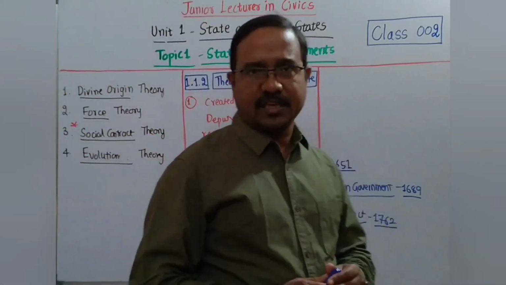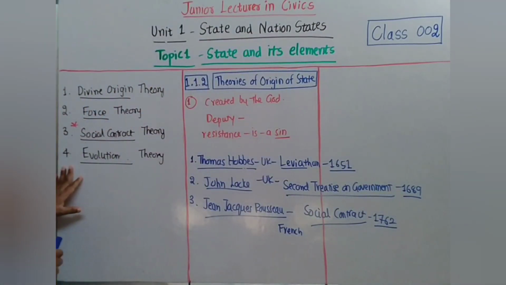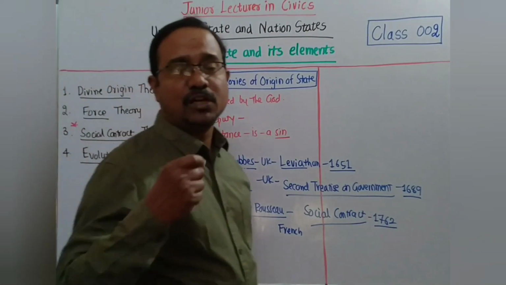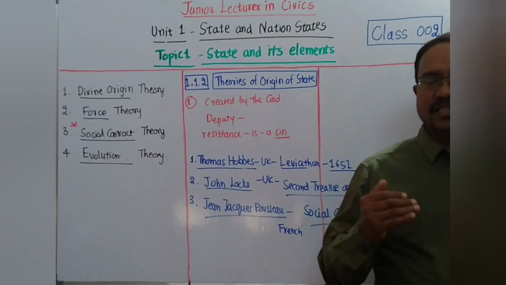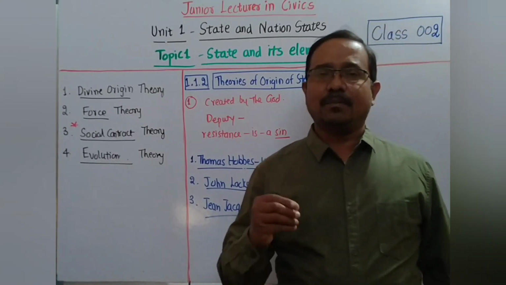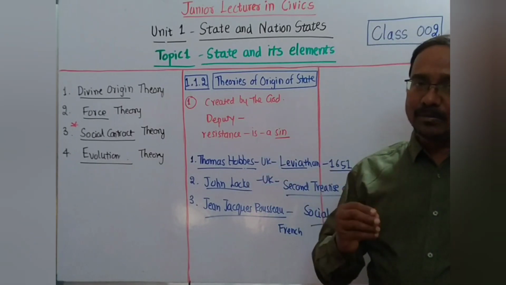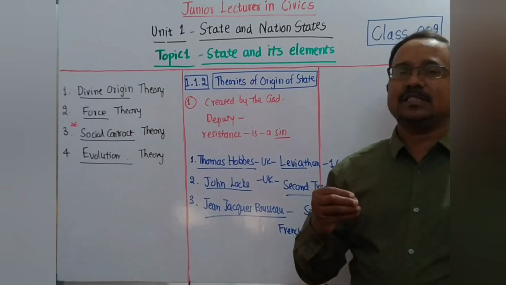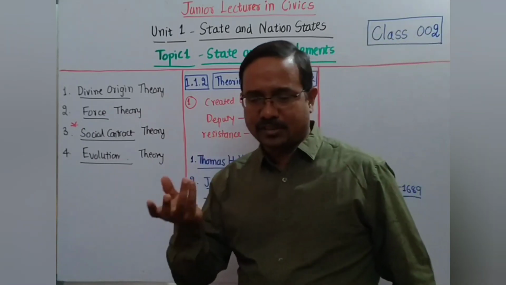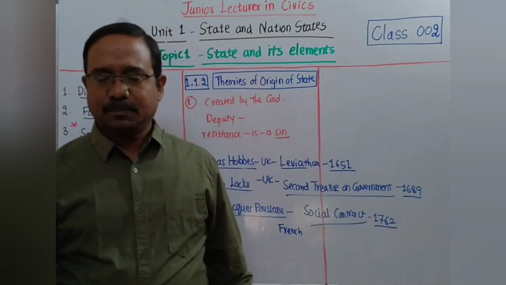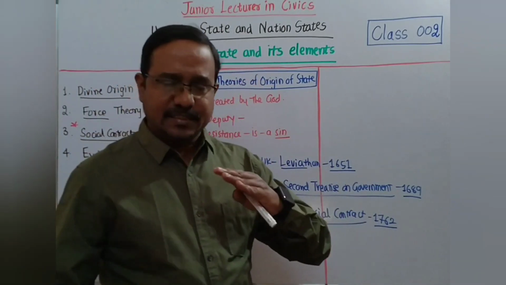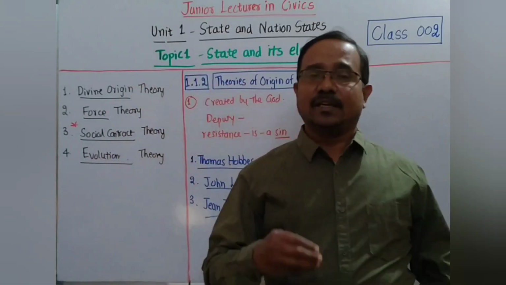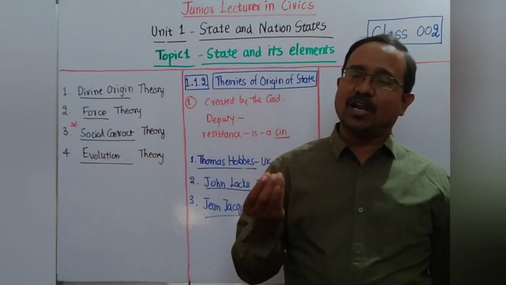And the last theory is the evolution theory, or evolutionary theory. Evolution means any change which comes gradually and continuously. The proposition is that the state is a product of history, and continuously and gradually the state has evolved itself.